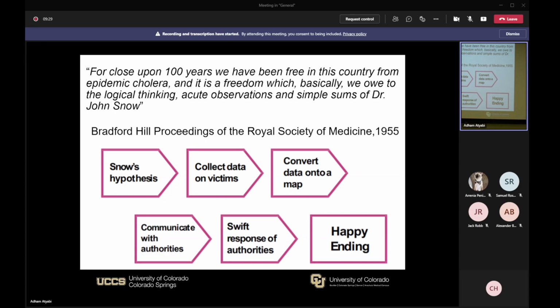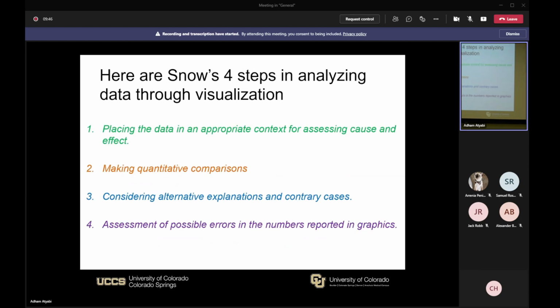So Snow had a hypothesis. He collected data on victims. He converted data onto a map. Then he communicated with authorities. The swift response of authorities resulted in a happy ending of the cholera epidemic. Now, if you look at his 4 logical principles, the 4 steps in analyzing data through visualization of data.